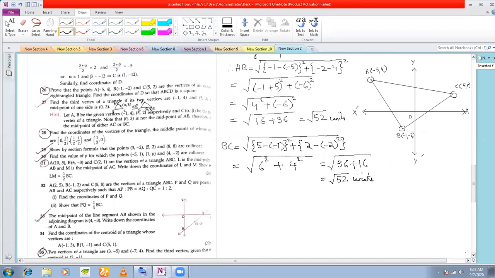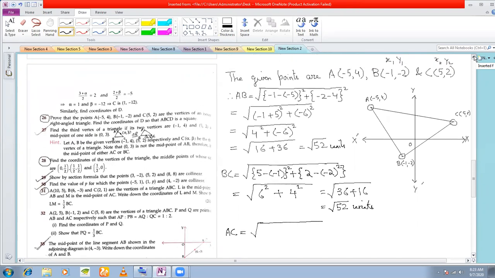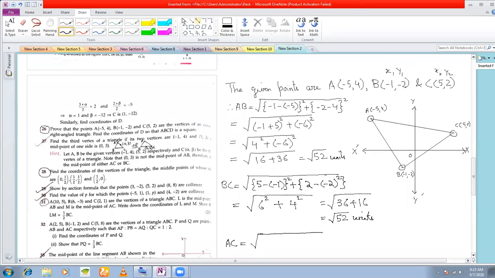Let us find the third side. This side has to be the hypotenuse, which is your AC, because in a right angle triangle, only the perpendicular and base can be equal. Hypotenuse has to be the greatest side. It cannot be equal to any side. So in order to find AC, this time we'll consider this to be your x1, y1 and this to be your x2, y2.